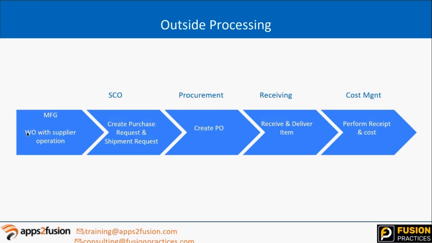You execute operation 1, you execute operation 2, and when you move to the third operation, you see that it is a supplier operation. That's when the purchase request is created. Based on the completion of the second operation, or as a move material on the move? On the completion of the second operation is what I recollect reading.